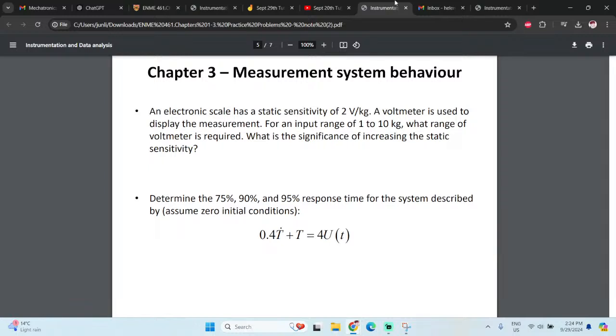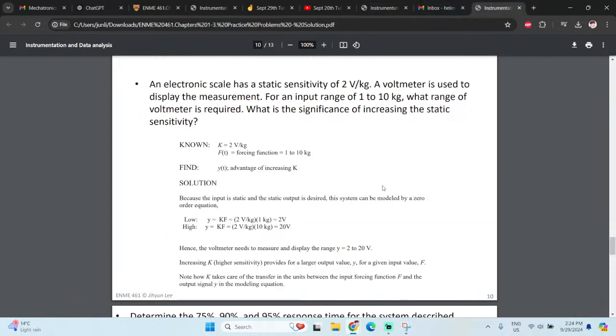Okay. Yeah, voltage range increased, the resolution will increase, which basically will increase the precision of the measurement and also the accuracy of the measurement.